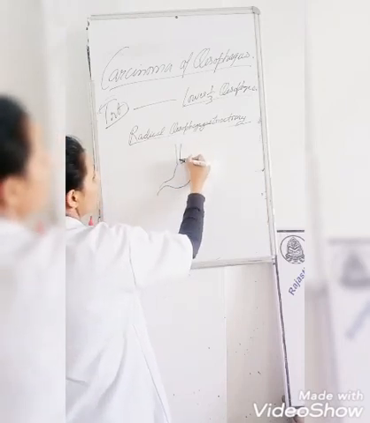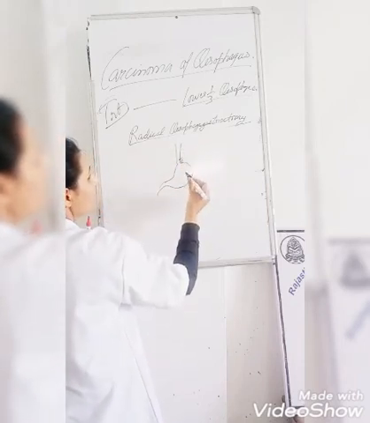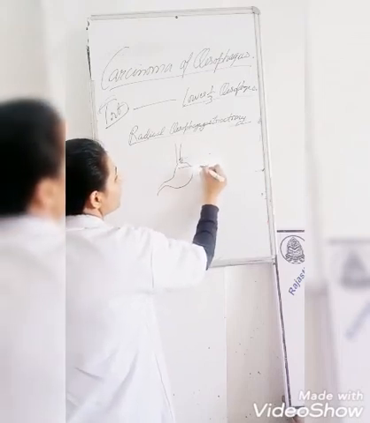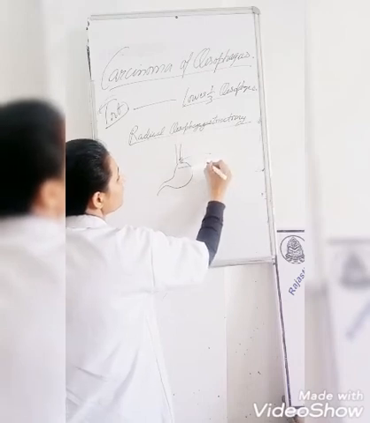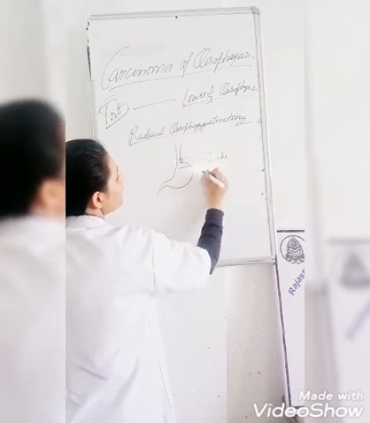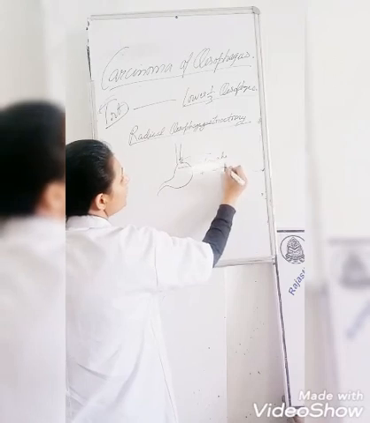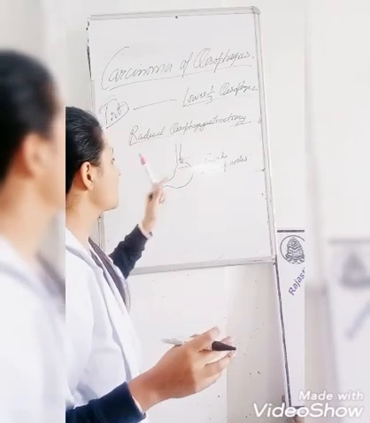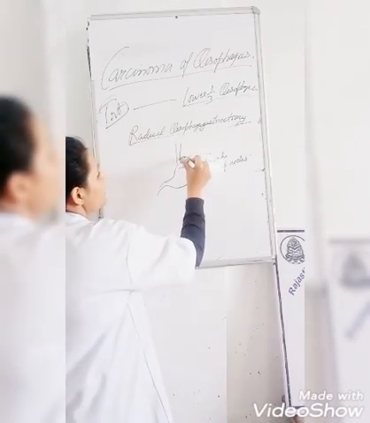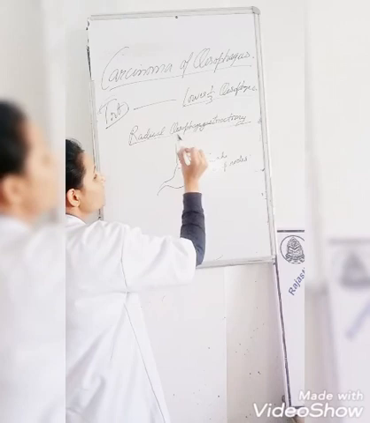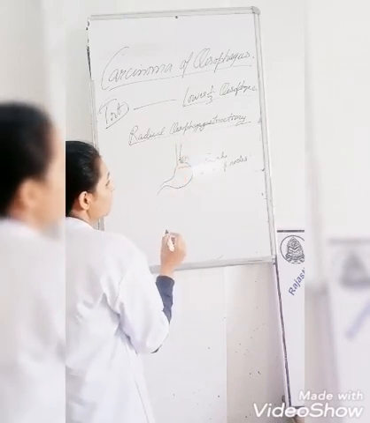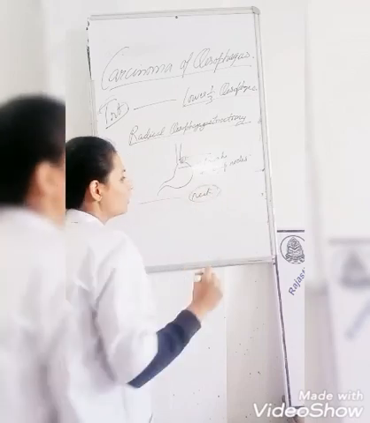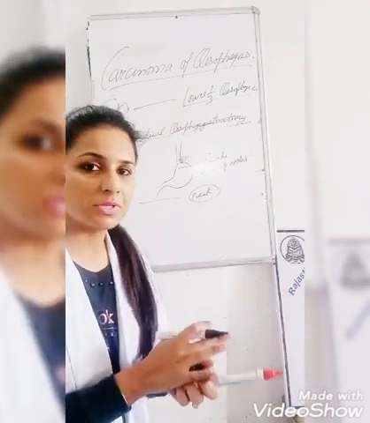If the lower one-third of esophagus is affected, we remove the esophagus along with some part of stomach and lymph nodes which are involved. So we will remove the lymph nodes along with some part of stomach and that lower one-third of esophagus, and anastomosis is done in neck, followed by gastric pull.